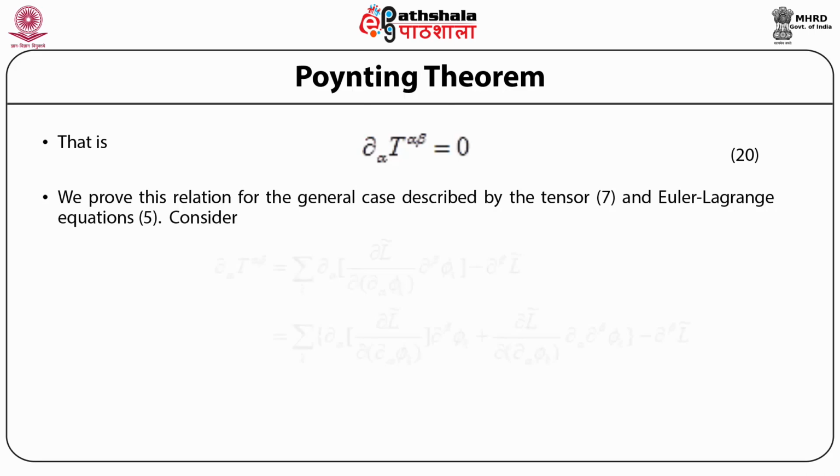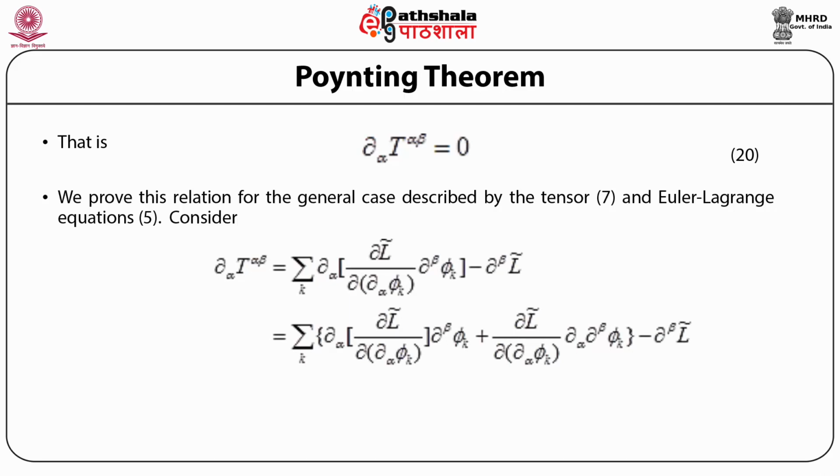Now consider ∂_α T^{αβ} = Σ_k ∂_α (∂L/∂(∂_α φ_k) ∂^β φ_k) − ∂^β L, which equals Σ_k [∂_α(∂L/∂(∂_α φ_k)) ∂^β φ_k + ∂L/∂(∂_α φ_k) ∂_α ∂^β φ_k] − ∂^β L.